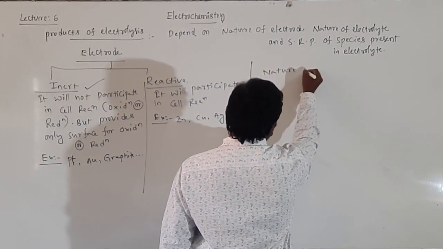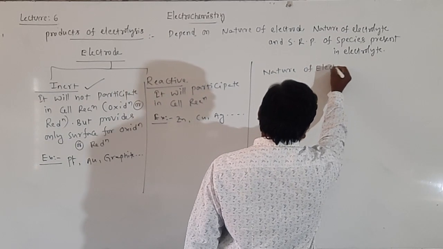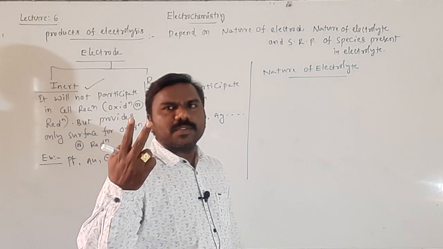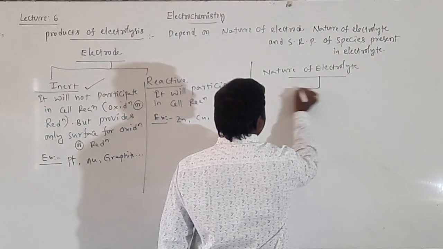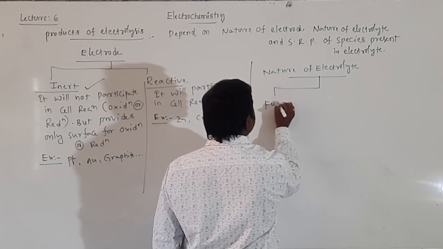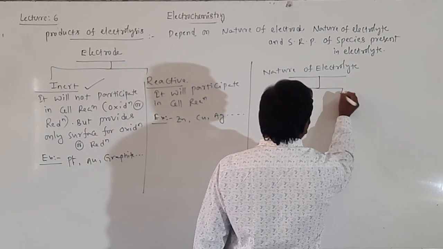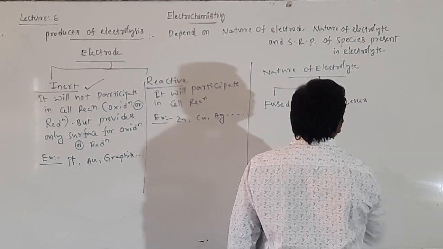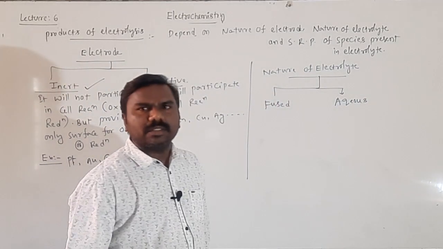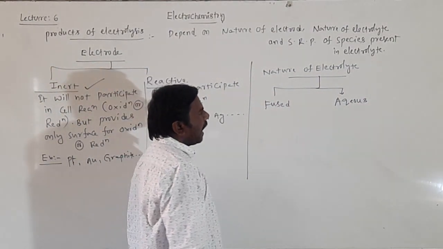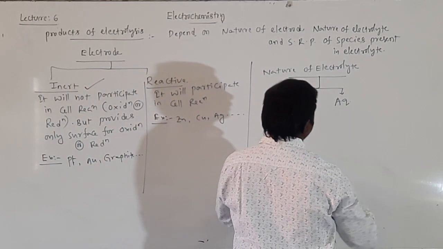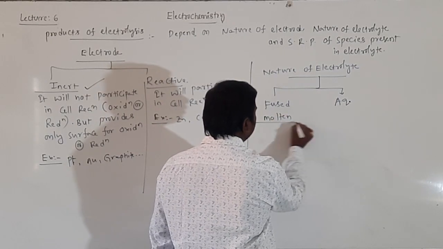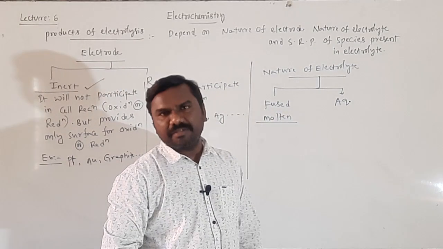Next one, nature of electrolyte. There are two types of electrolytes: fused electrolytes and aqueous electrolytes. Okay, students. Fused is also called molten. Molten means being liquid.